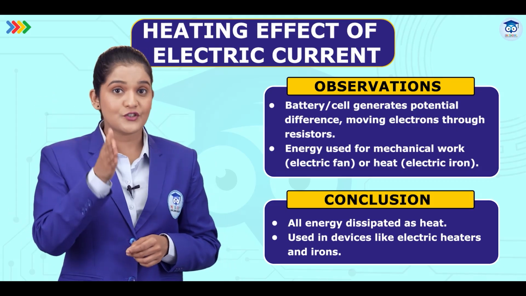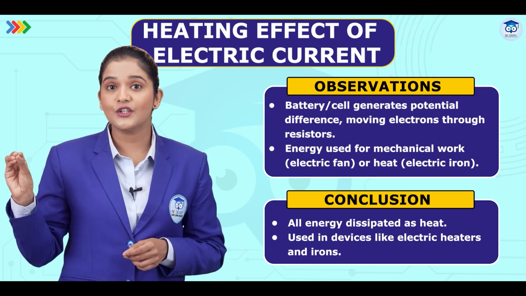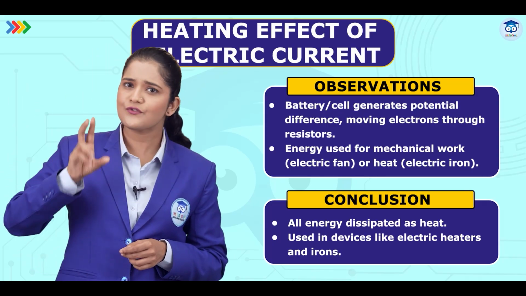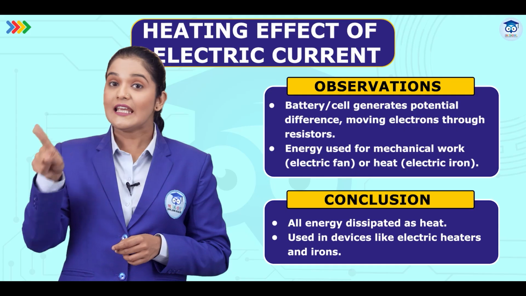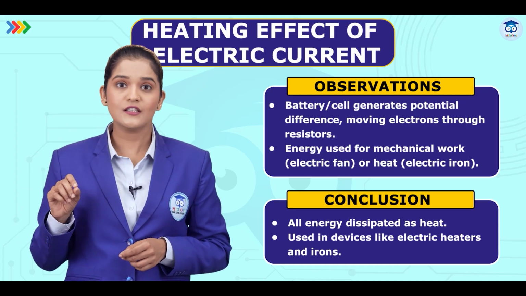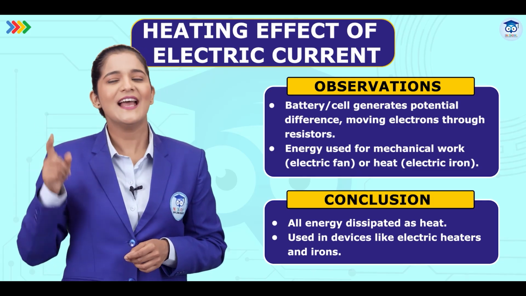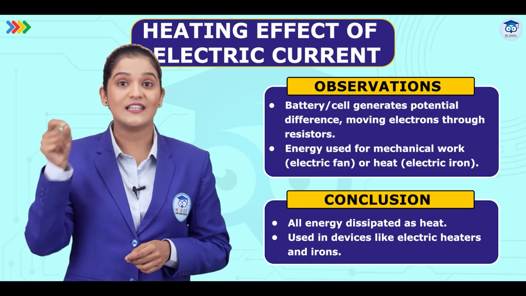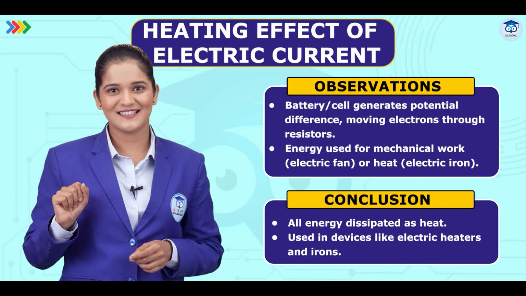This movement of electrons allows electrical energy to be transferred and used for various purposes, either to perform mechanical work as seen in electric fans or to produce heat as in the case of electric heaters and irons.